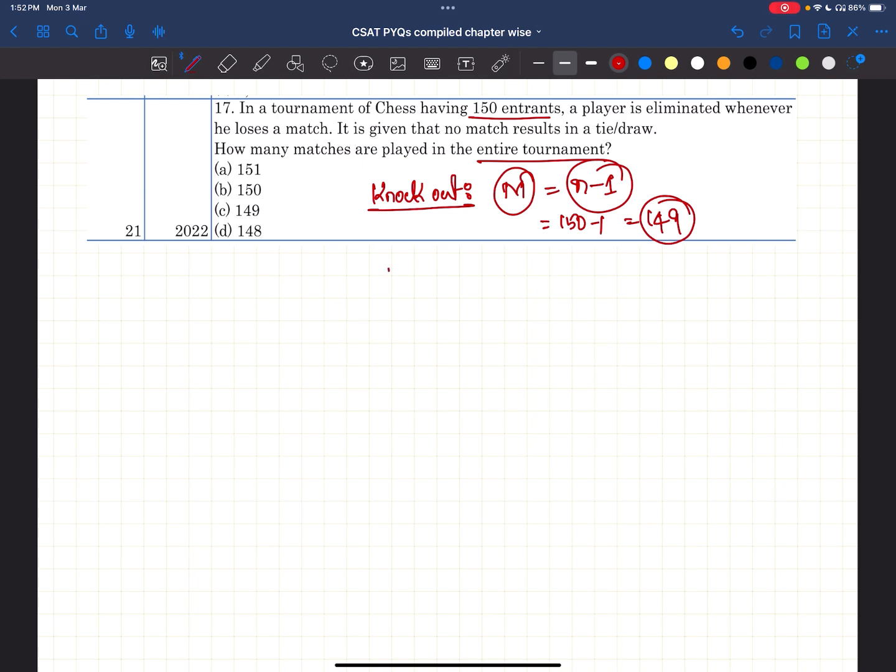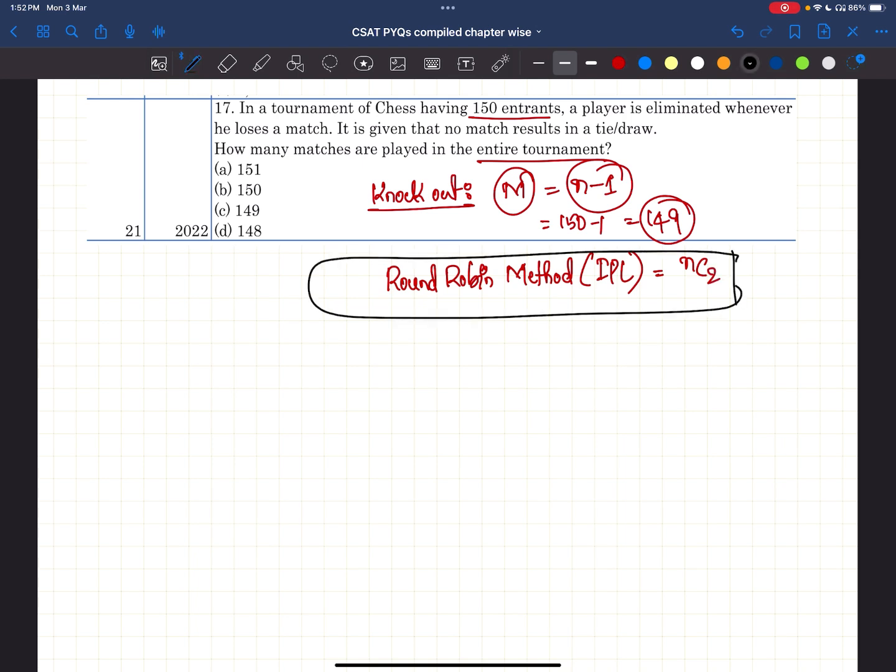And for the round robin method, this is the round robin method, which we follow in IPL. That means each and every team will play at least one match with the other team. Here, how many matches will be possible? nC2. Please remember these formulas.